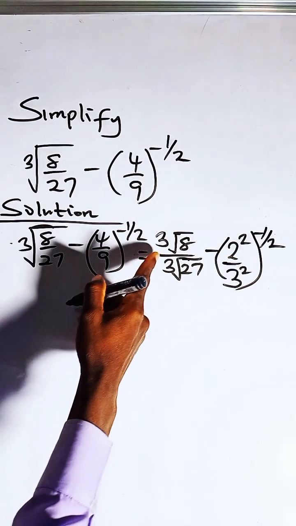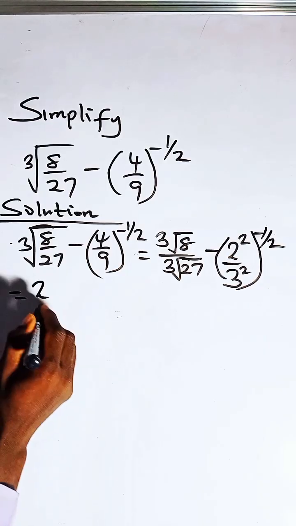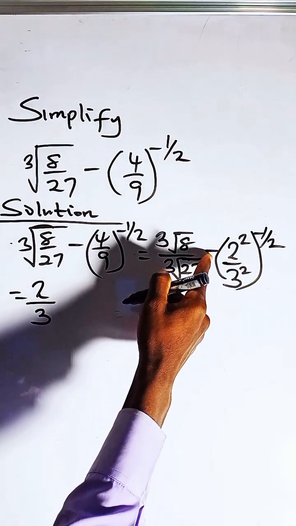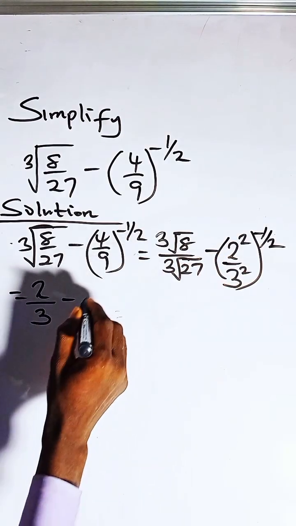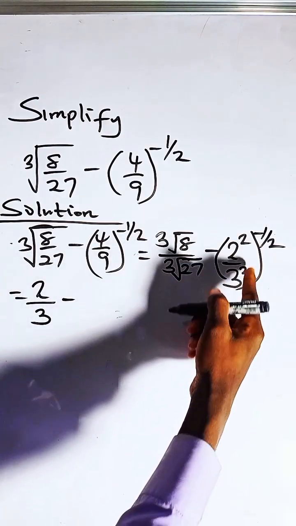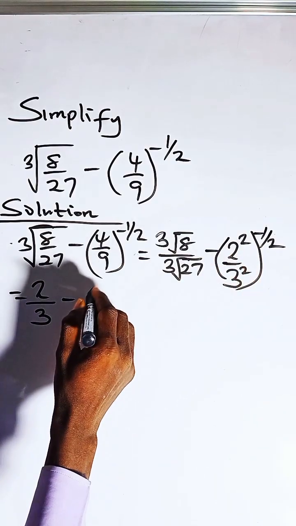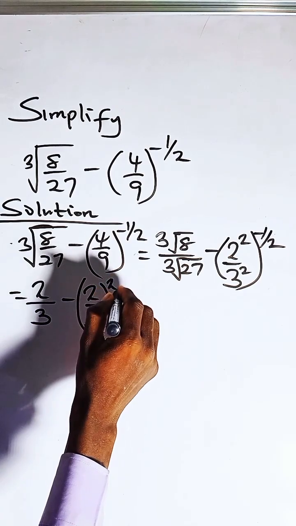For the cube root of 8, it means 2. That gives us 2 over the cube root of 27, which is 3, minus 2 squared over 3 squared. Since we have the same exponent, we can write it as 2 over 3, raised to power 2.